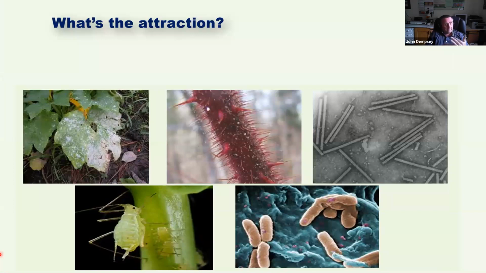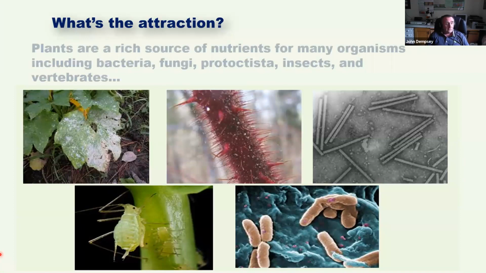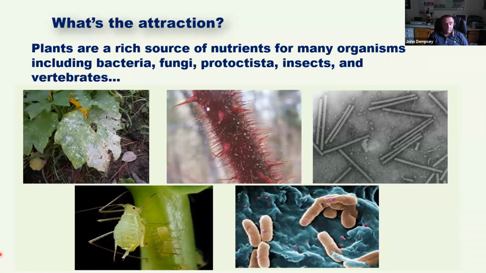But you might wonder, why do these microorganisms infect our plants? What's the attraction? And of course, really, they're just like us. These microorganisms, such as fungi, they just want to eat and drink and reproduce their species. And of course, plants are a very attractive source of nutrients for them.